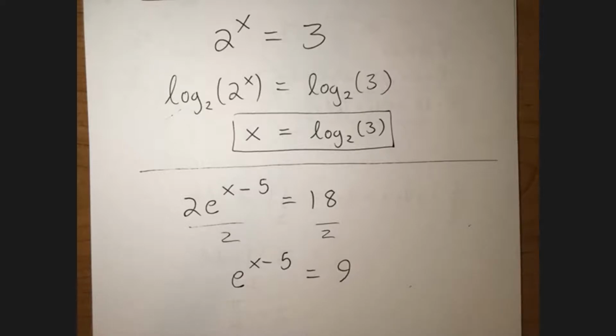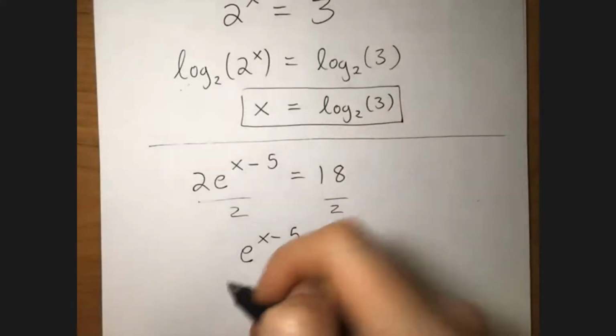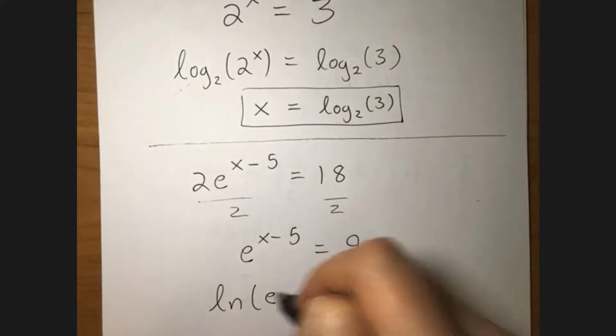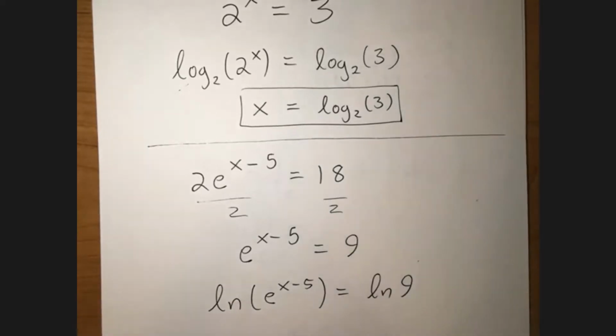Now, what logarithm should I use? Well, I'd like the base to match this. All right, so I should use log base e. What do we call log base e? We call it natural log, or ln. So what I'm going to do is take ln of both sides.